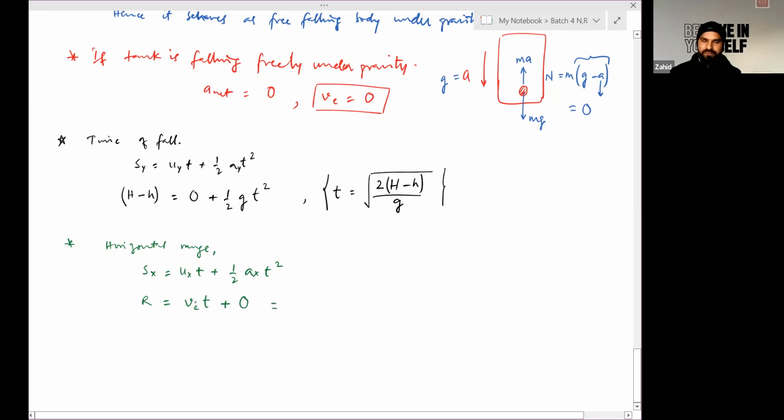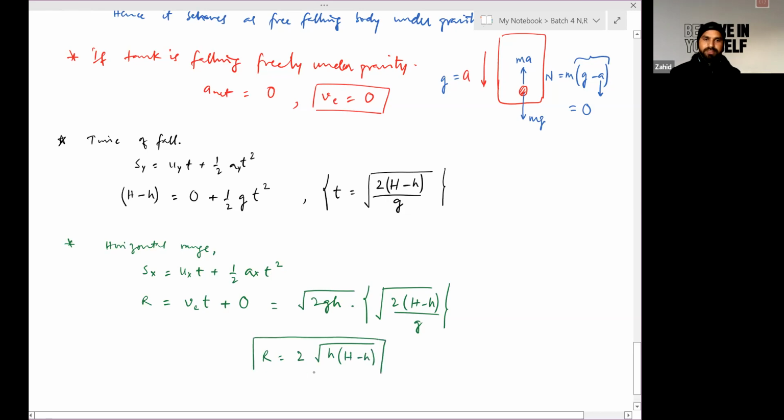Now, if you put in the value of the efflux velocity we calculated above, root under 2gh, and the time of flight, root under 2 times (H minus h) divided by gravity, this g and this g will cancel out. So 2 and 2 will become 4. So you'll get 2 root under h times (H minus h). So this will be the horizontal range covered by this stream of liquid. Is it clear?